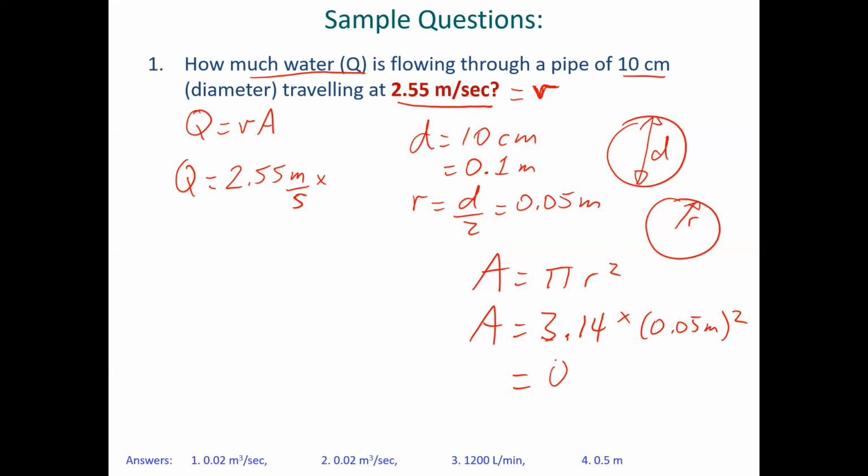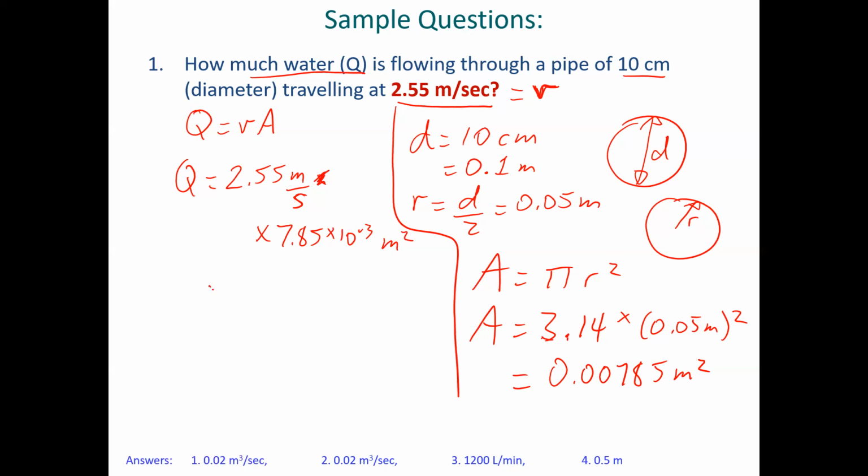So my area is 0.00785 meters squared. Sorry for cramming things in here. I will put that down there. That's 7.85 times 10 to the minus 3 meters squared.